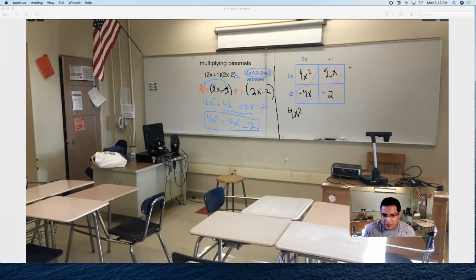And that is gonna give us minus 2x. And then just bring down the minus 2. Notice that we get the same answer as what we got on the left here. So the two answers are correct. So whichever way you prefer to do it, you can do it, but this is my answer.